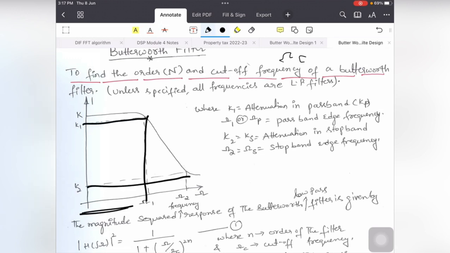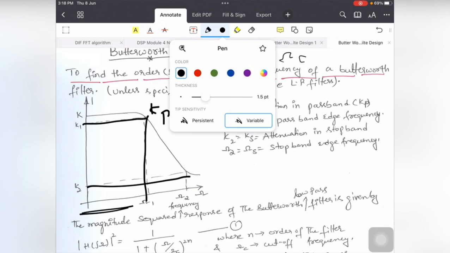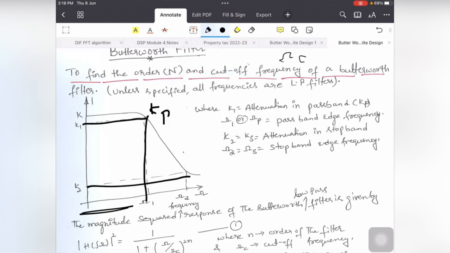So we will have K1, K2, omega 1, omega 2. Some of the textbooks take K1 as Kp and K2 as Ks, and omega 1 as omega p and omega 2 as omega s. Now what is K1? K1 is attenuation in pass band, or pass band gain.